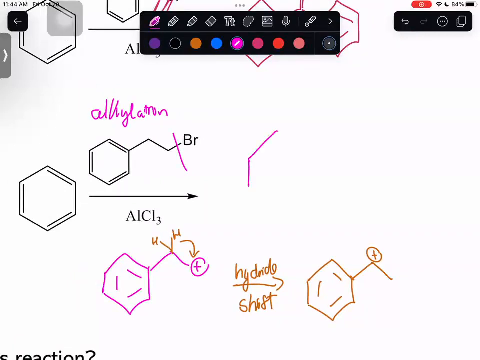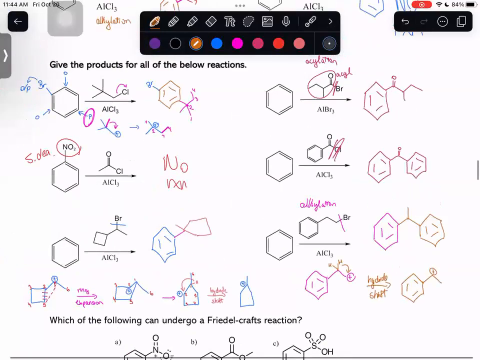And now we have our initial benzene group, and we're just connecting that carbocation. And that's it. It's not bad. As long as we memorize the rules, we should be good for this chapter.